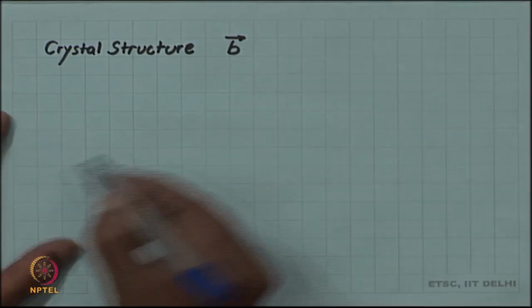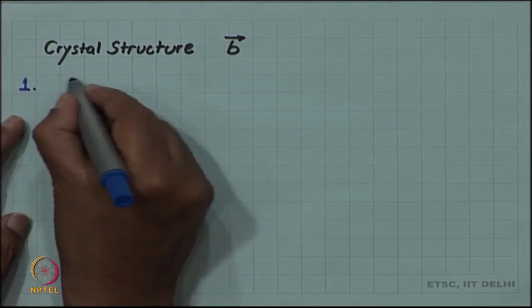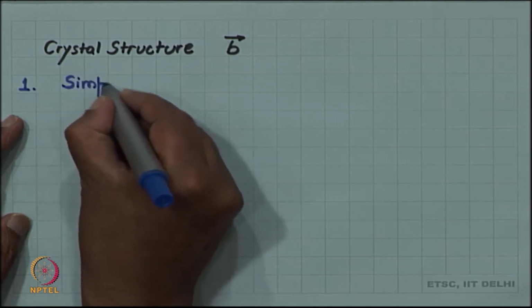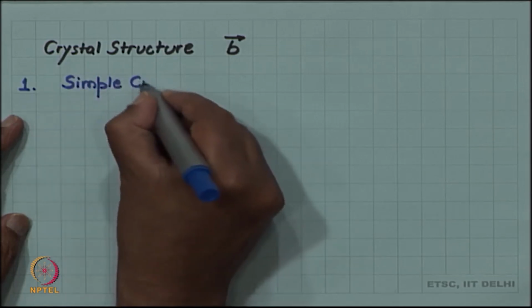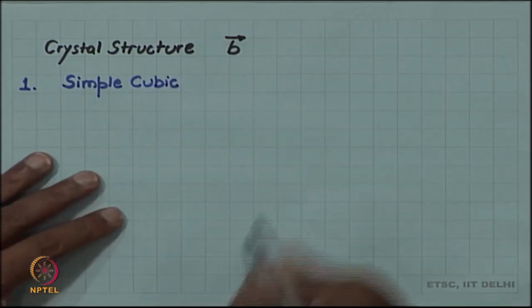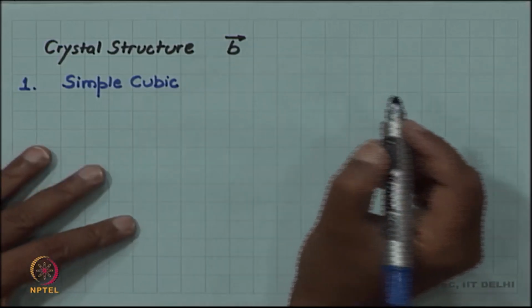If we have, let us say, a simple cubic crystal, that is a simple cubic lattice with one atom sitting at each lattice point.